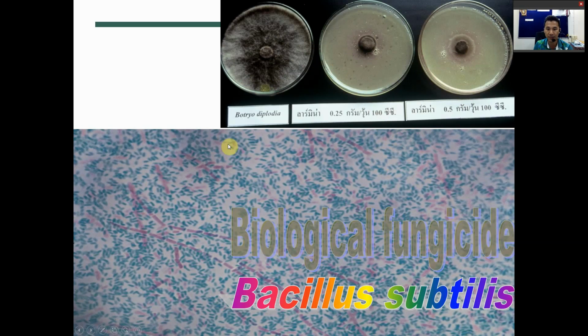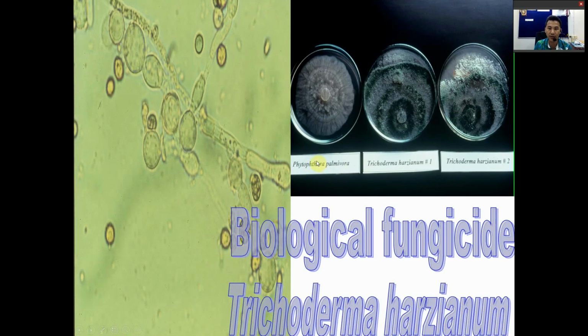You see the clear zone. This one as well, this is Phytophthora. This is one sort of fungi that can kill a lot of our crops.